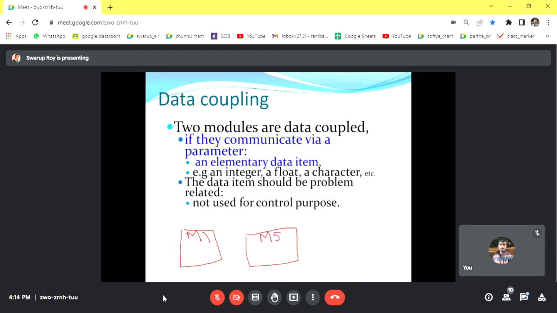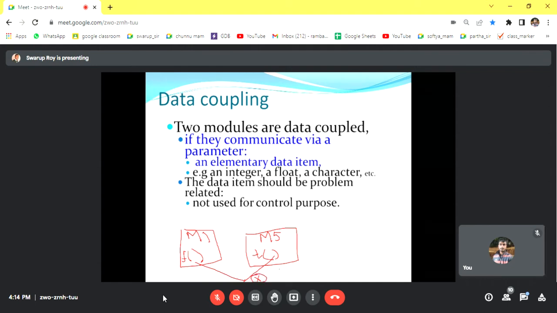There is a function f and a function t. If both communicate via a common variable x, either x is produced by f and taken up by t, or both take x as a parameter.